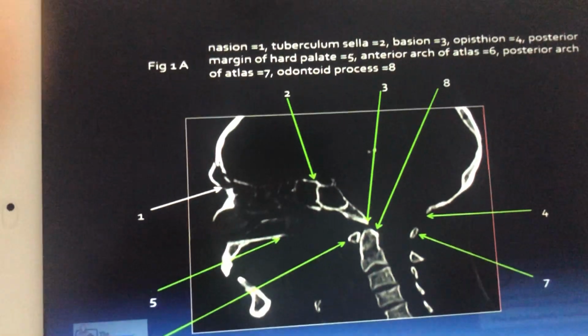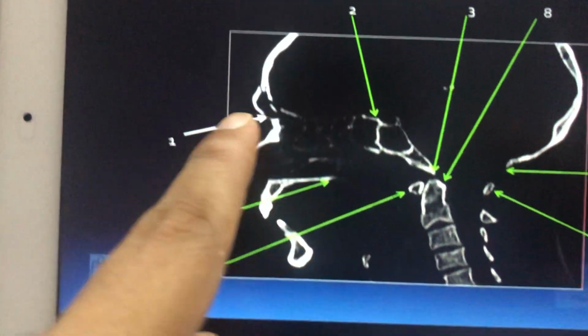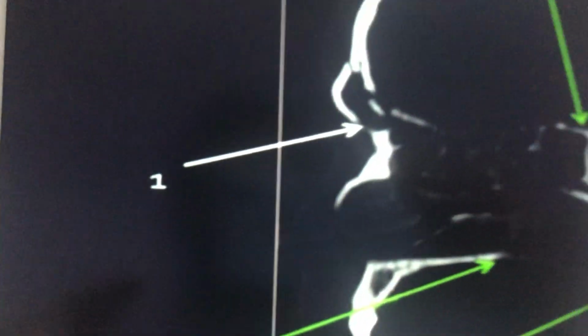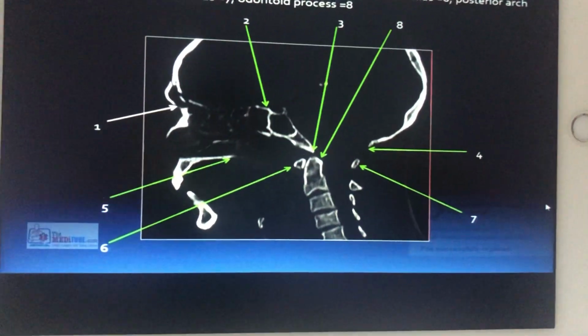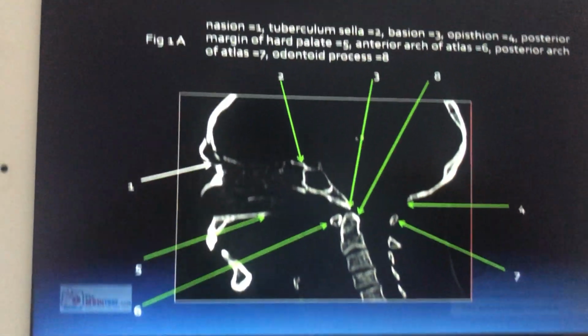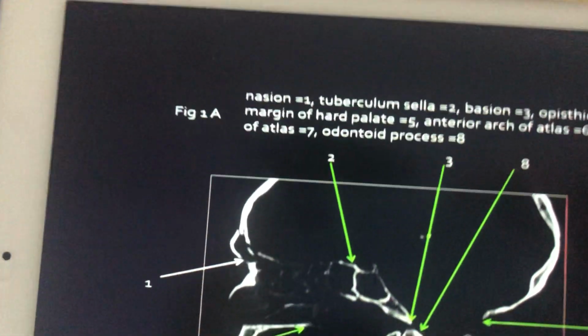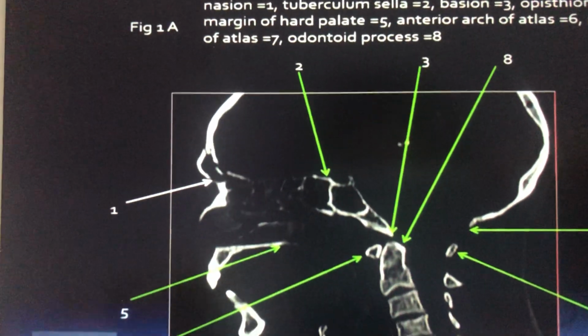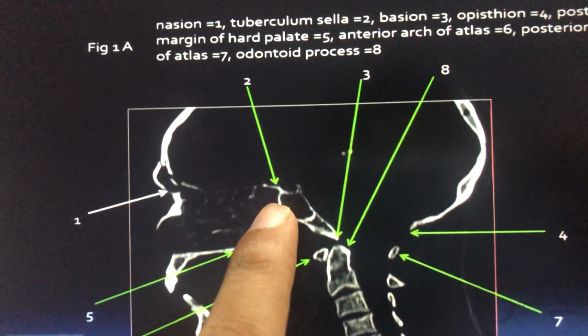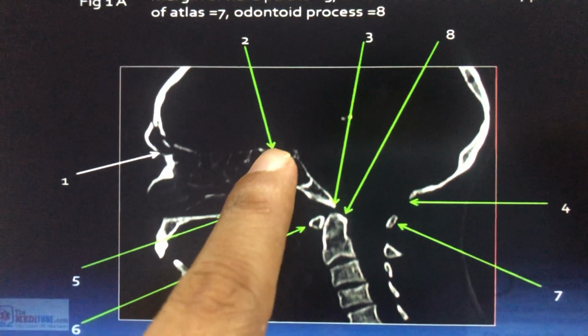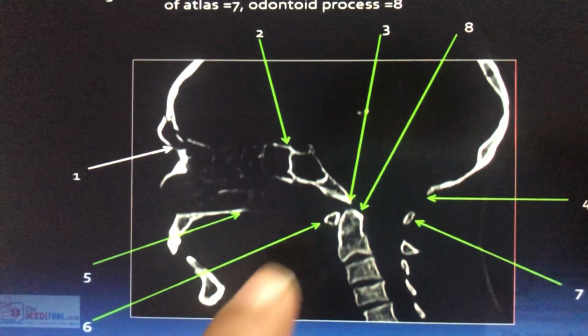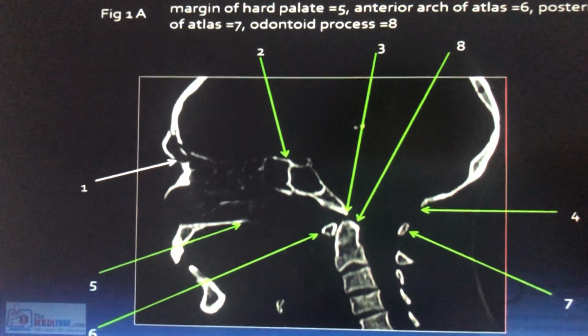So you can see this is the nasion, the base of the nose, that is the nasion. Then this is the sella, and anterior to it you can see the tuberculum sella, which is marked as 2.